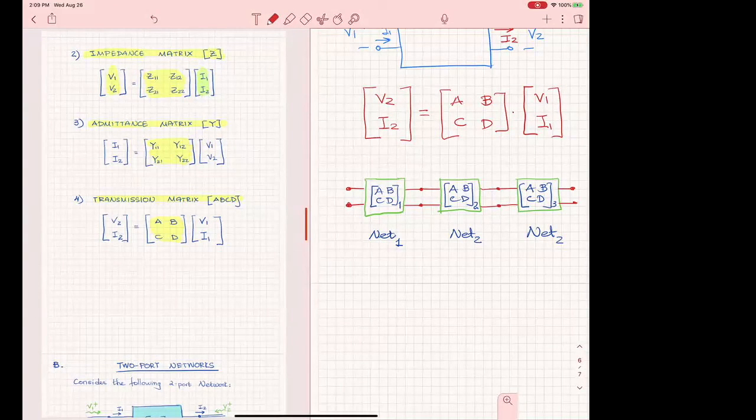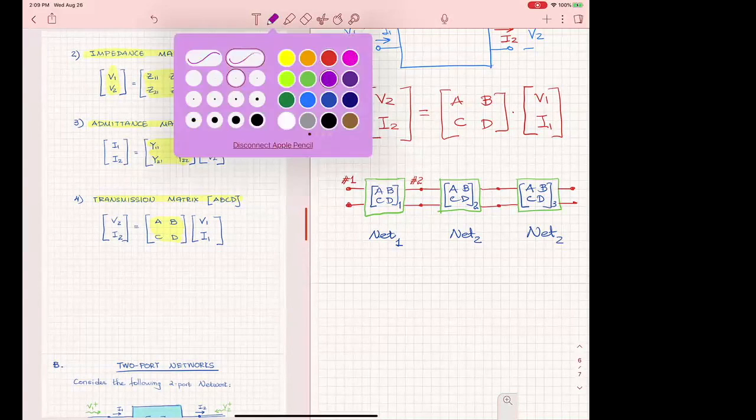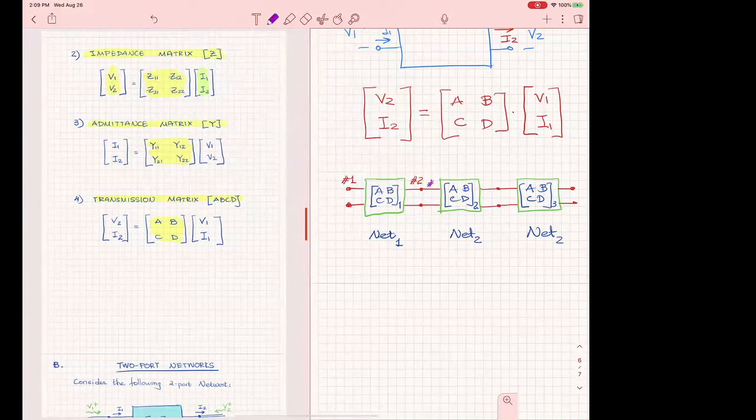So this is my port 1, and the other is port 2, and for each network there is a port 1 and a port 2. For the whole, I will have 1 port in the front and 1 port at the back.